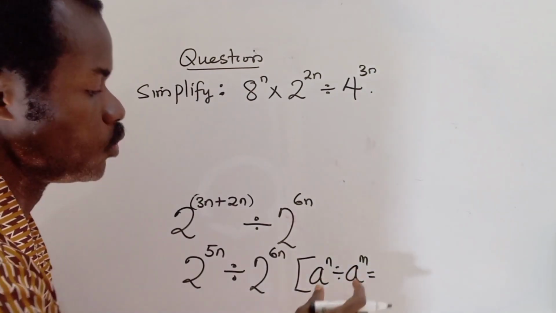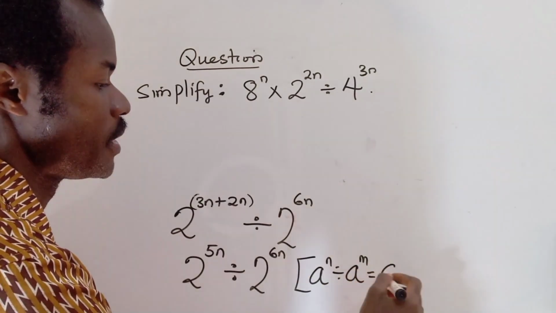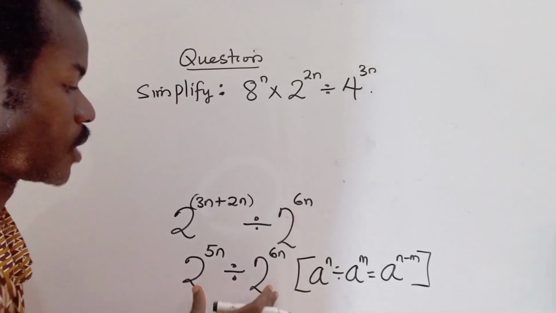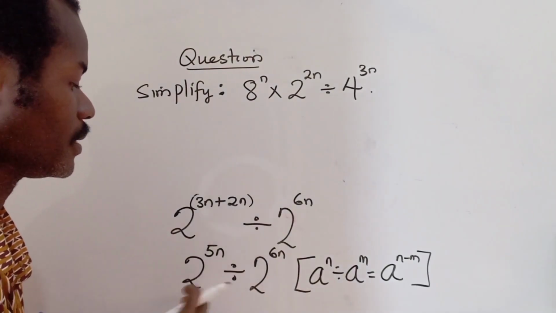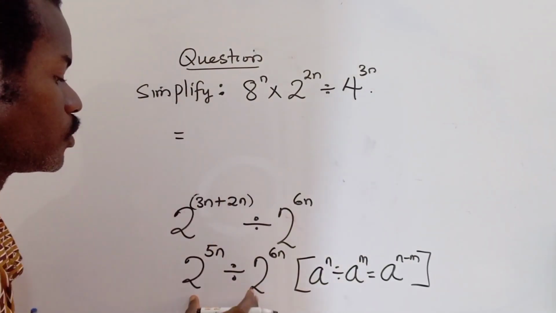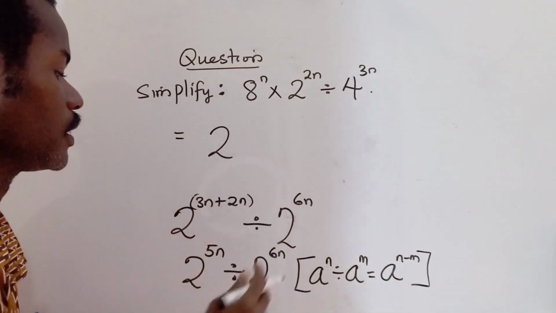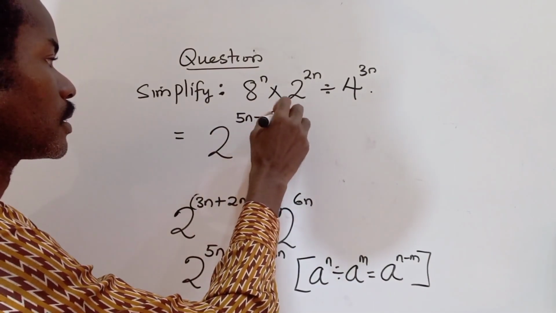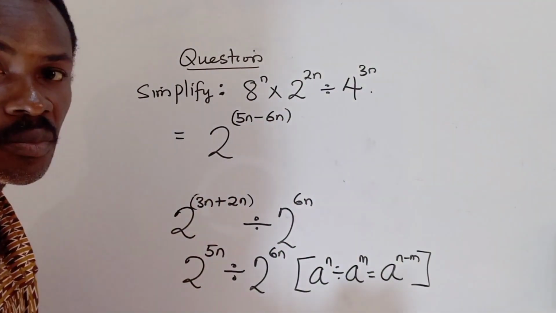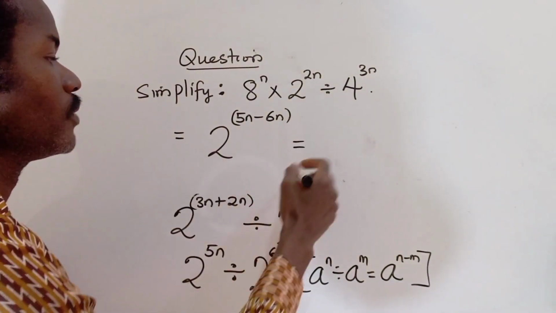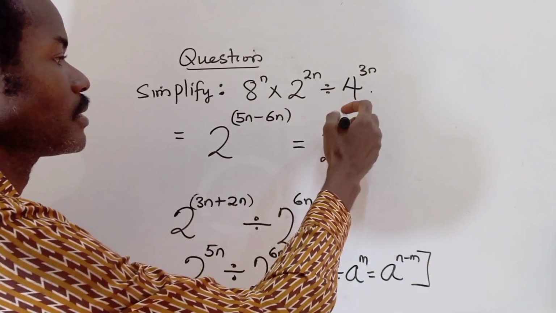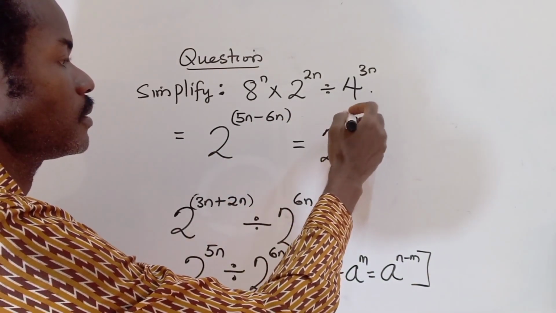All you want to do is bring one of these bases and subtract the powers. So we have 5n minus 6n. That is simply going to give us 2 to the power of 5n minus 6n, which gives us minus n.